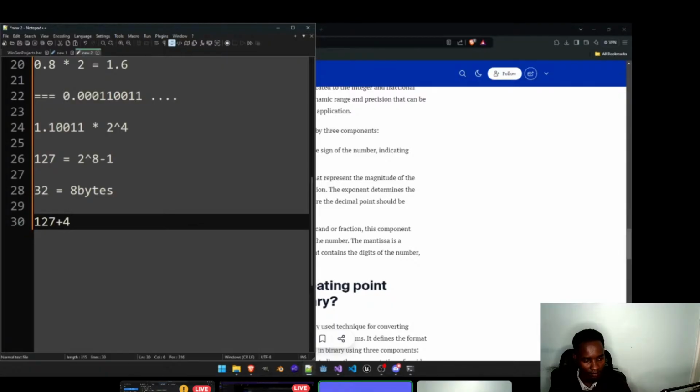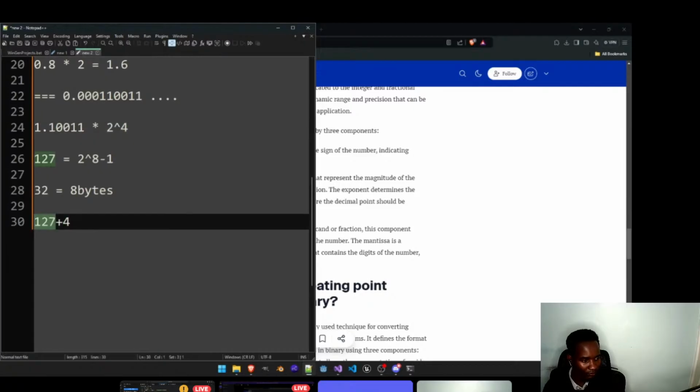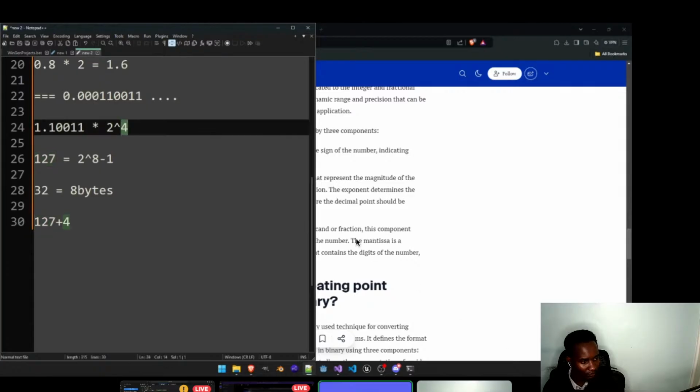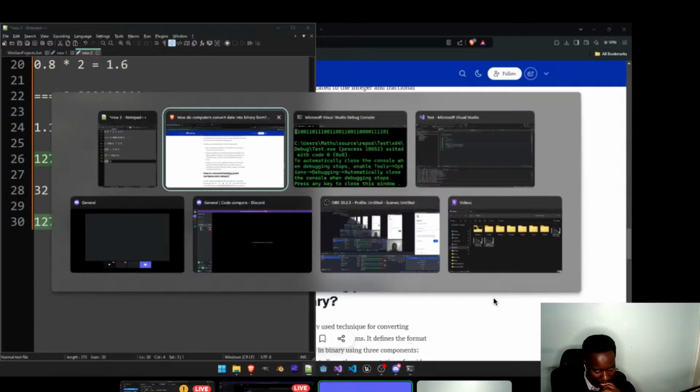But then I read an explanation that said it will allow us to know whether it's positive or negative. If the exponent is positive, then our value will be above 127. If it's negative, then it will be below 127. And whatever value we get will still be within the range of those 32 bits. So that's how it's stored.